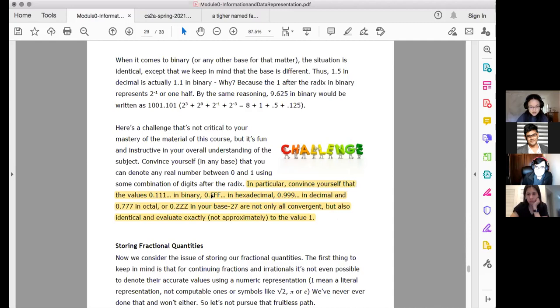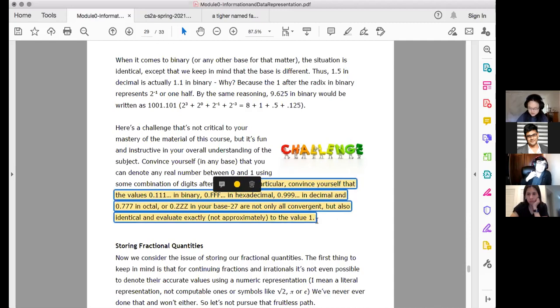I know that F is equal to 1111 in hex. So I do understand this part. Why is 0.111 similar to 0.FFF?